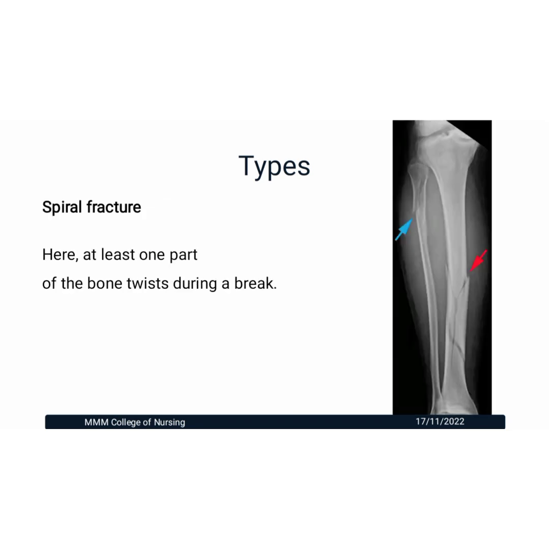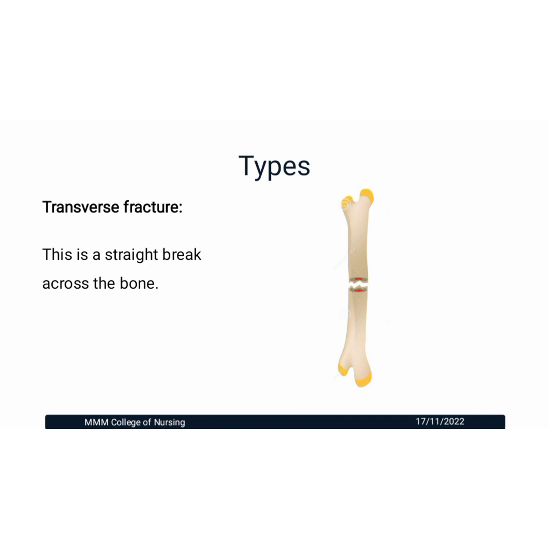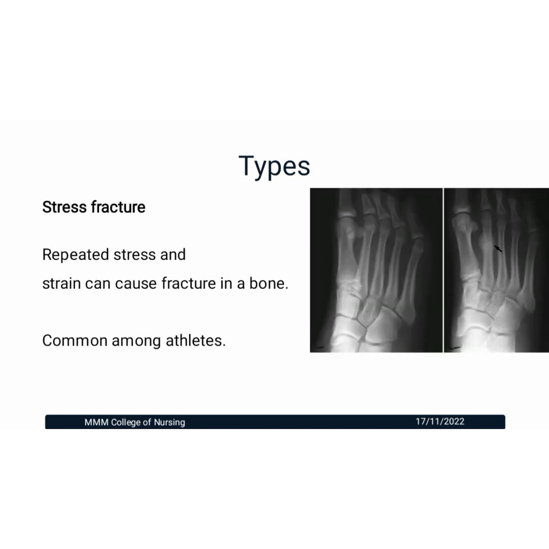Spiral fracture: here, at least one part of the bone twists during a break. Transverse fracture: this is a straight break across the bone. Stress fracture: repeated stress and strain can cause a fracture in a bone. It is very common among athletes.